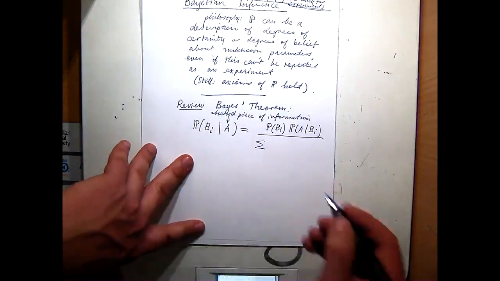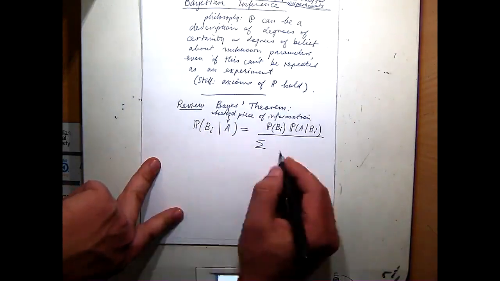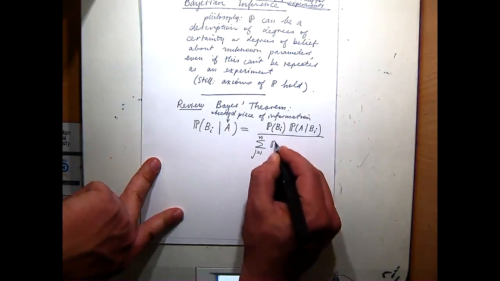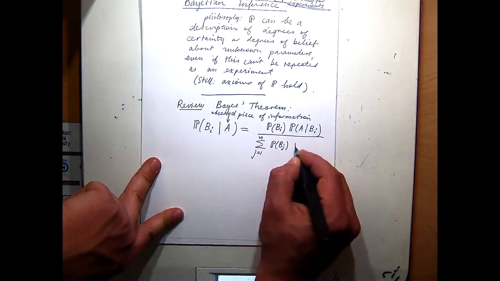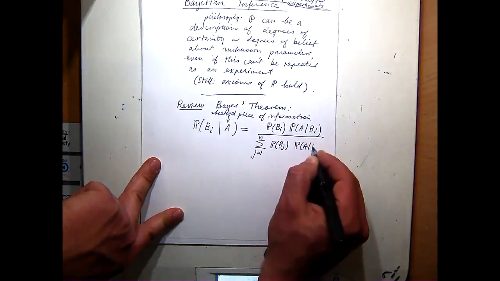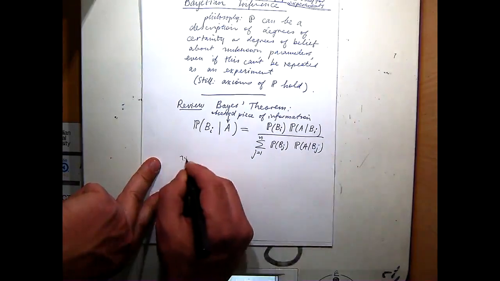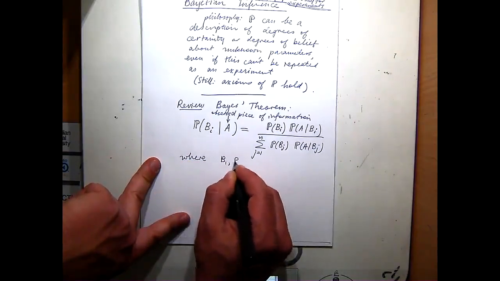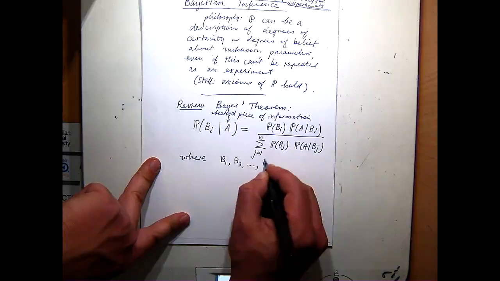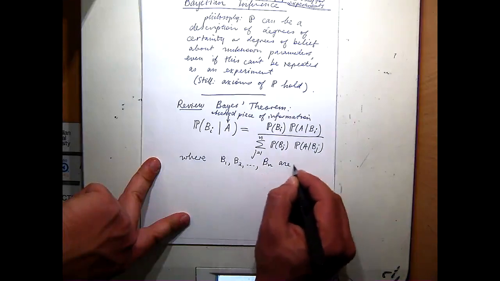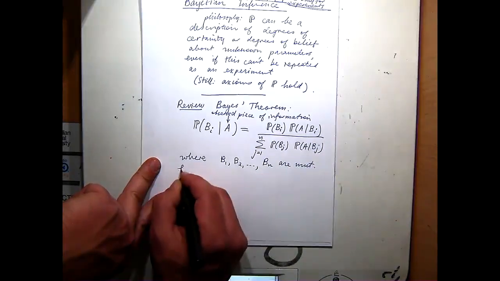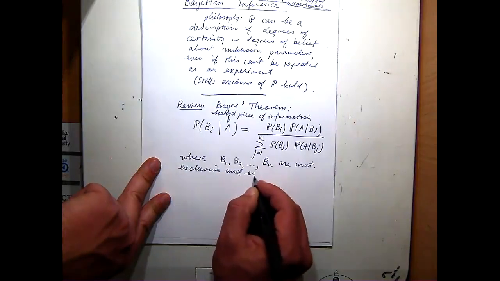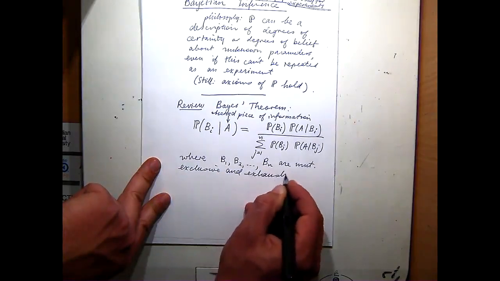The Bi are the mutually exclusive categories. Sum j equals 1 to n, probability of Bj, probability of A given Bj, where, of course, in this description, B1, B2 up to Bn are mutually exclusive and exhaustive events.